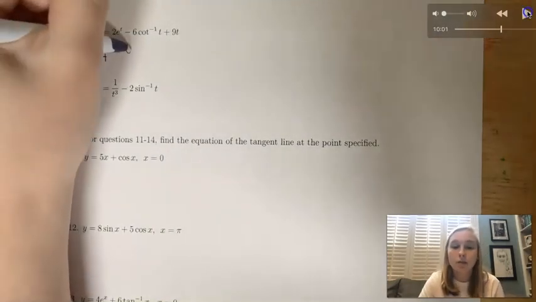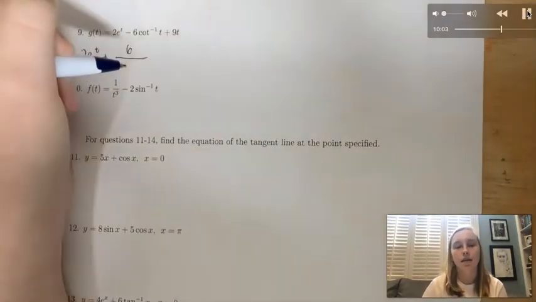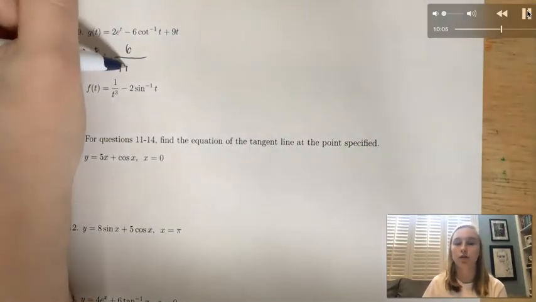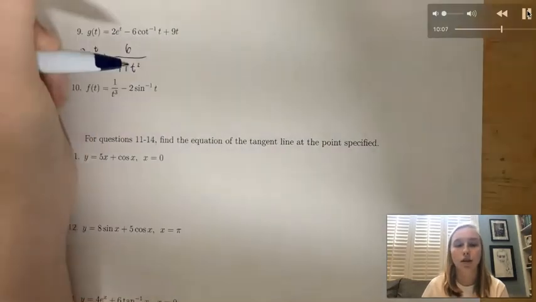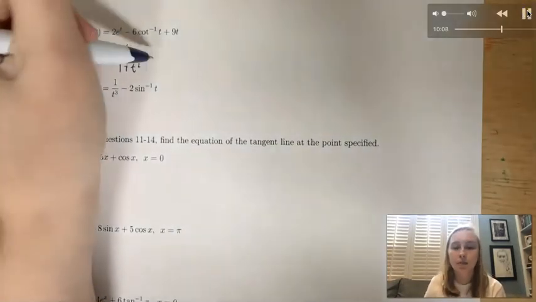It turns into a plus sign because remember all cos are negative. And then 6 stays the same because it is a constant. And then you just write in the derivative of inverse cosine, which is negative 1 over 1 plus x squared, or in this case t, because that's the variable we're using. Once again, you can memorize that.